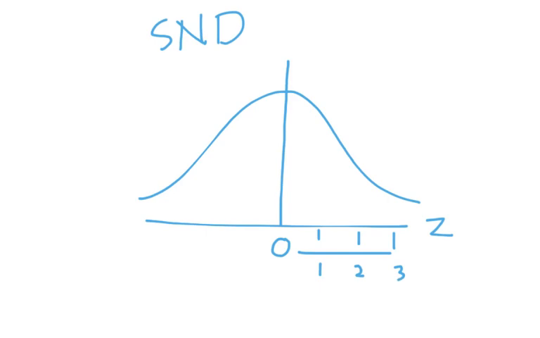When you start from 0 and go to the left, you have negative 1, negative 2, negative 3, and so on. It is still a symmetrical distribution, but it is the standardized normal distribution.